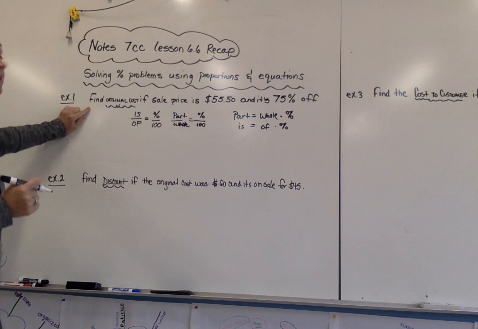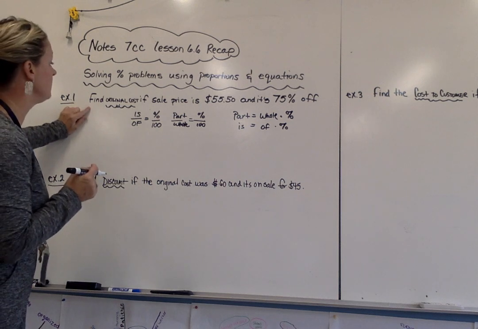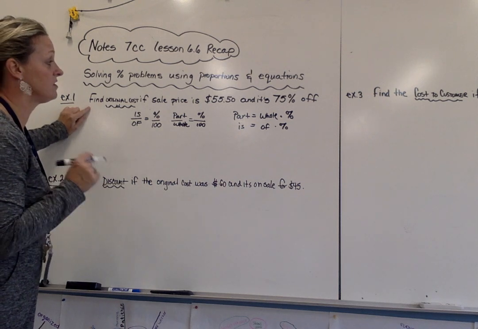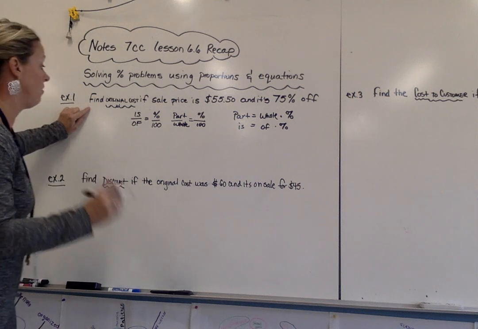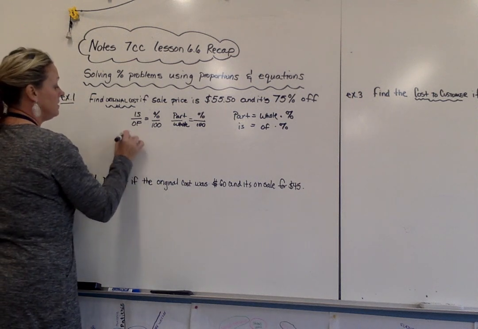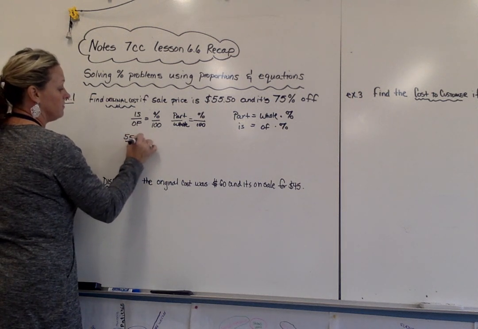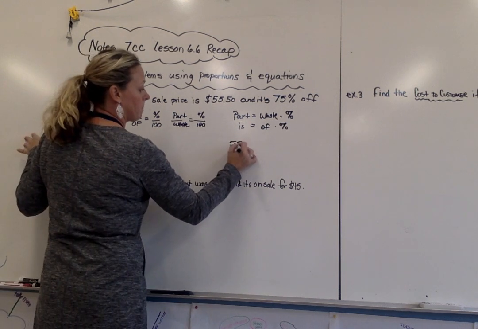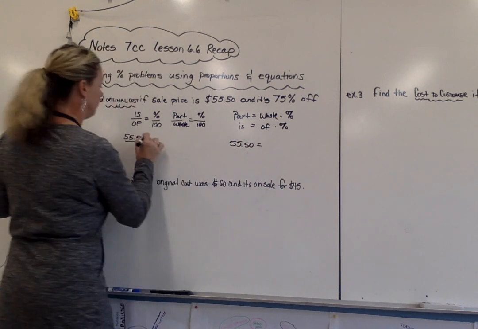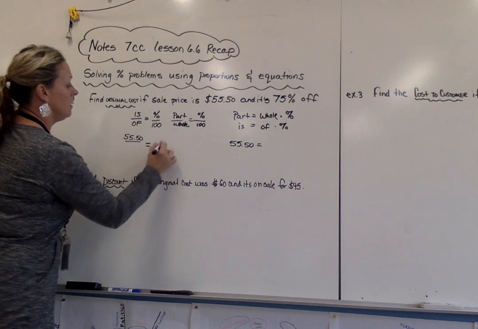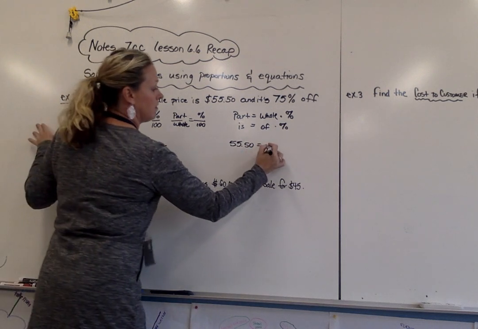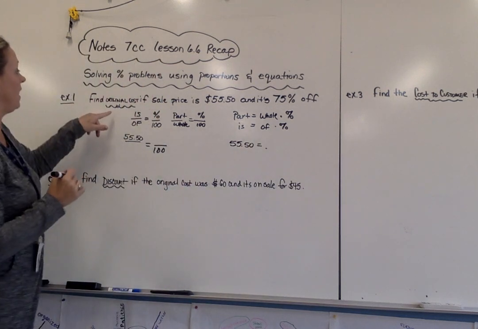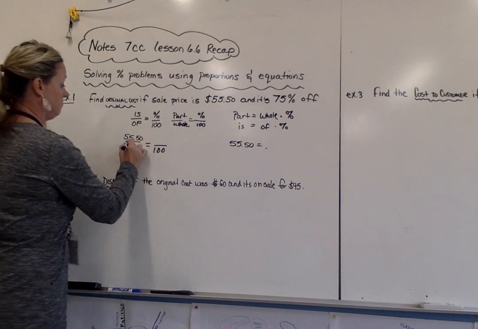The first one: find the original cost if the sale price is $55.50 and it's 75% off. So my part is that $55.50, and I am looking for the original cost.